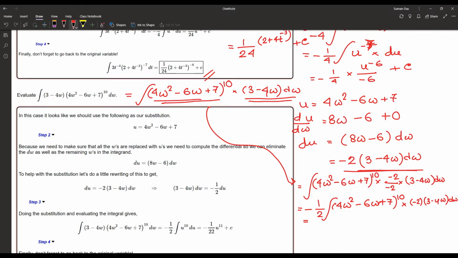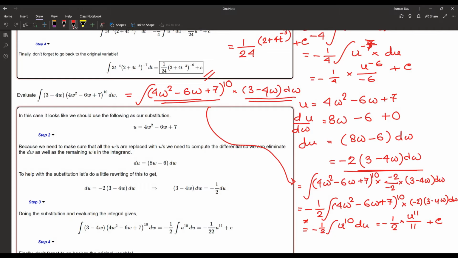So using the variable u, we may write u to the power 10 du, and the result is 1 by 2 into u to the power 11 divided by 11 plus integration constant.